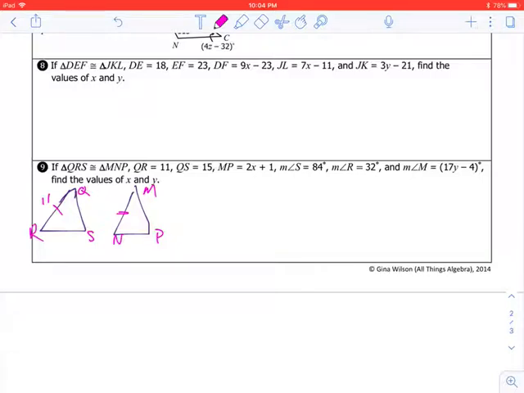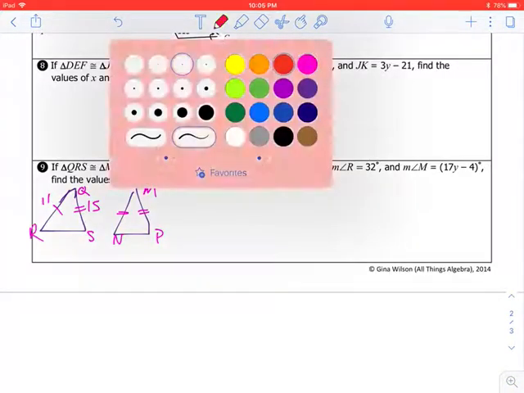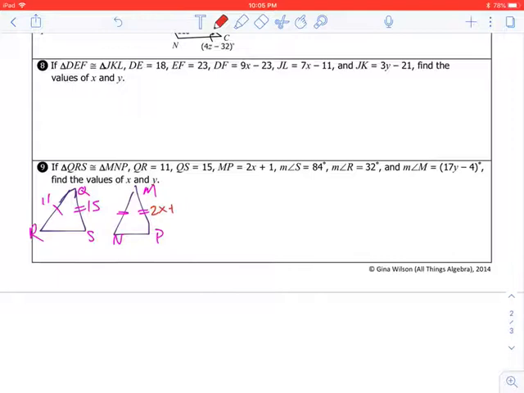Well, let's see what we have here. QR is 11, QS is 15. And then MP is 2x plus 1. Angle S here is 84 degrees.